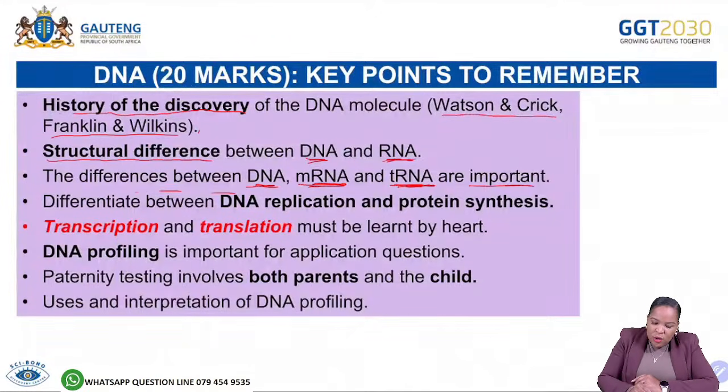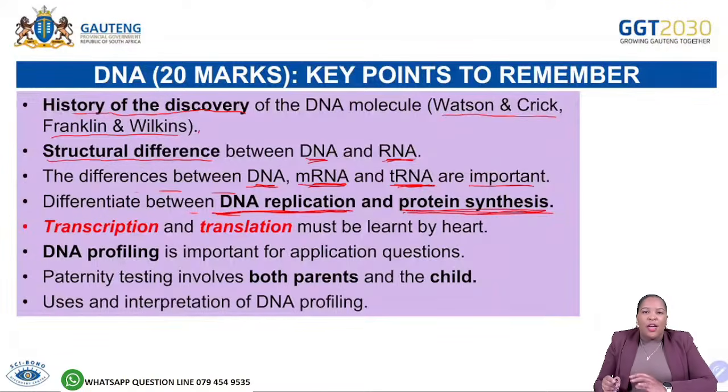Then you must also be able to differentiate between DNA replication and protein synthesis. These two processes are happening, but however, they are not the same. So you need to be able to say, when I'm talking about DNA replication, is when the DNA is making exact copies of itself, and how that process unfolds.